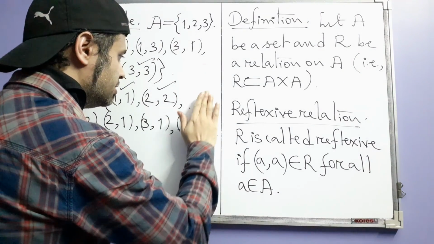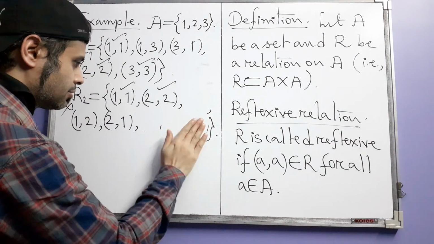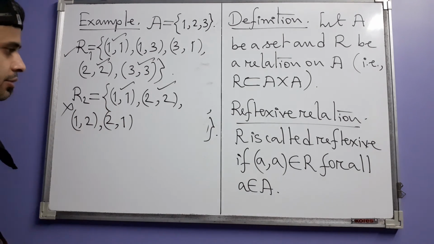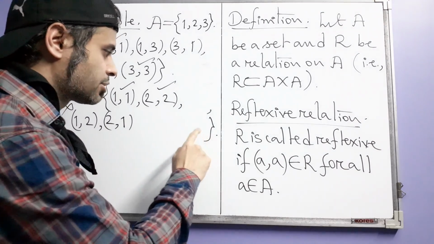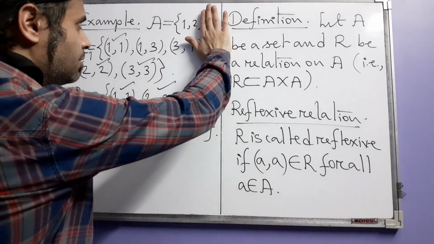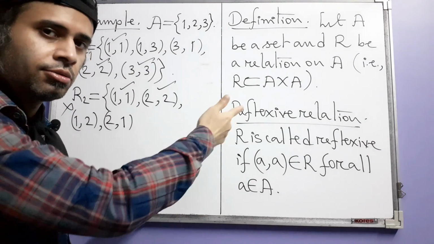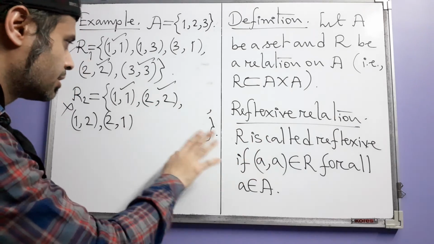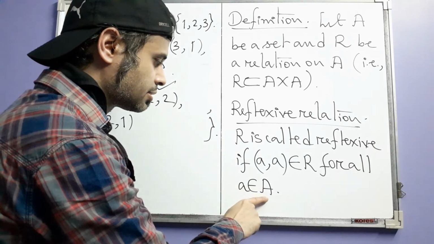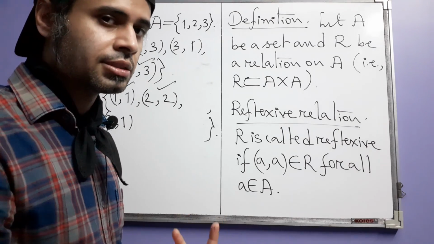Say I remove these elements entirely and consider the relation to have only these elements. Now, if I don't say what A is, you cannot say whether this is reflexive or not. If I remove 3 from the set A, on that set R2 is reflexive. But if I include 3 or something else, then on those sets R2 is not reflexive. So not just the relation R, but the set on which it is a relation, both of them determine reflexivity or its absence.